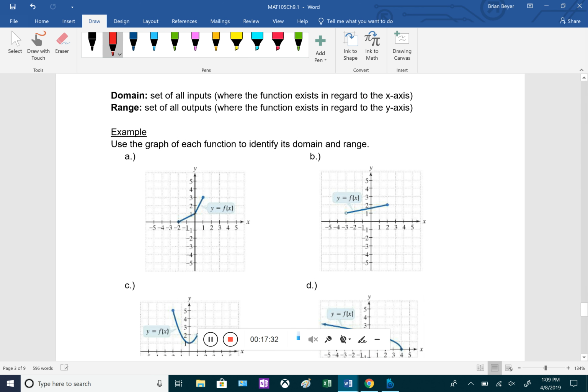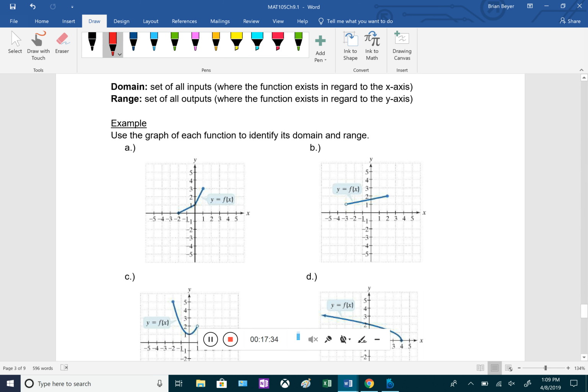So when we are finding the domain, we have to remember it is the set of all the inputs, meaning it's where the function exists in regard to the x-axis. For the range, it's the set of the outputs, which is the set of the y values for the y-axis.